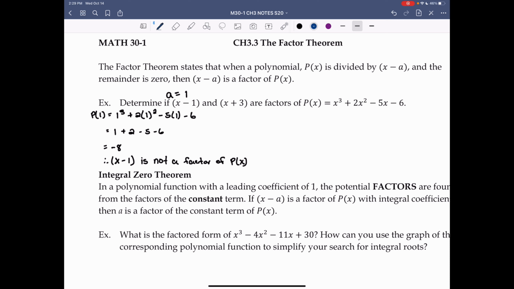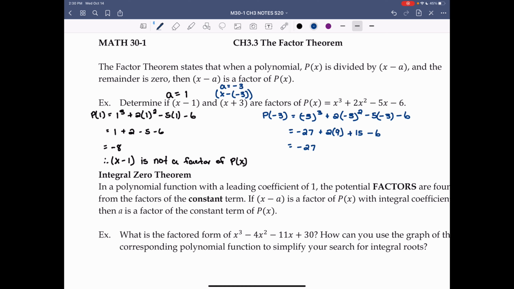For x plus 3, our a value would be negative 3, since this is x minus negative 3. So sub in negative 3 into p of x. We have negative 3 in brackets cubed plus 2 times negative 3 in brackets squared minus 5 times negative 3 minus 6, which gives us negative 27 plus 2 times 9 plus 15 minus 6.